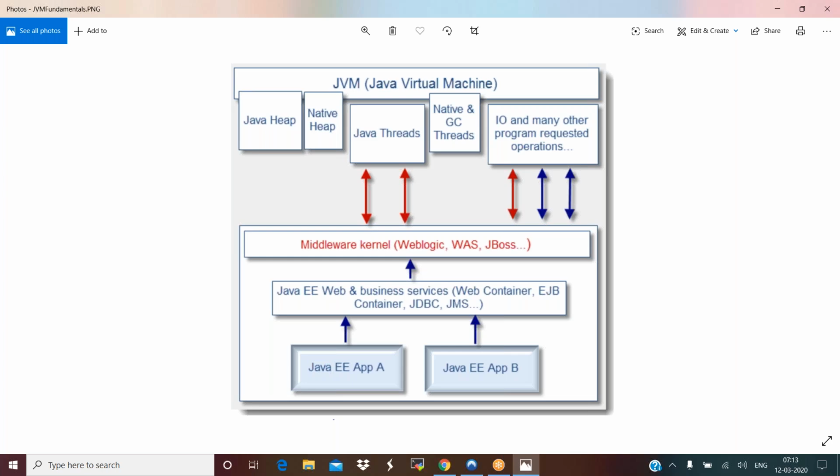So for every thread allocation that happens inside the Java Enterprise Edition container, you need to understand and recognize how much stack is required when you want to accommodate more threads before you take a thread dump.